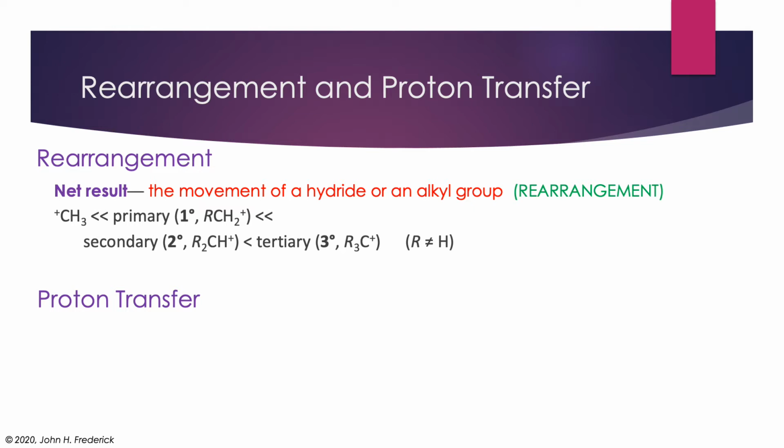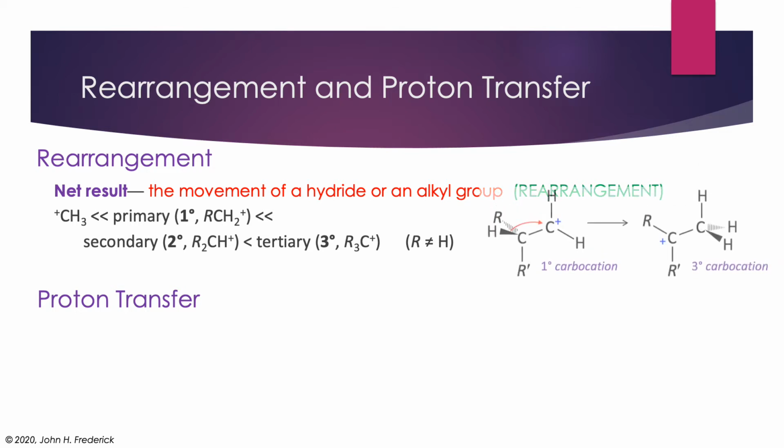That actually is very unstable, and it has been very difficult to isolate that in any environment in the laboratory or otherwise. So what I'm getting at with giving you this list of stabilities is that a lot of times the rearrangement occurs in order to achieve a more stable entry in this list. So we might start with a primary carbocation and undergo a shift so that it can become a secondary carbocation.